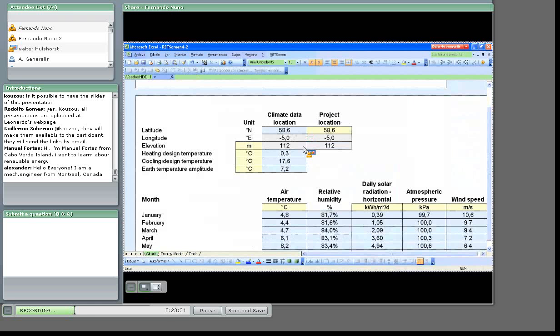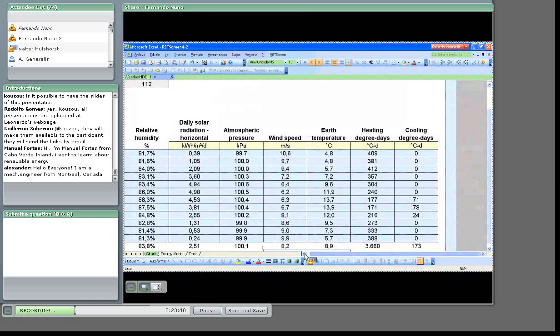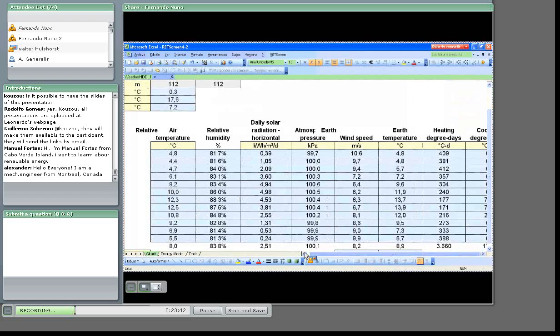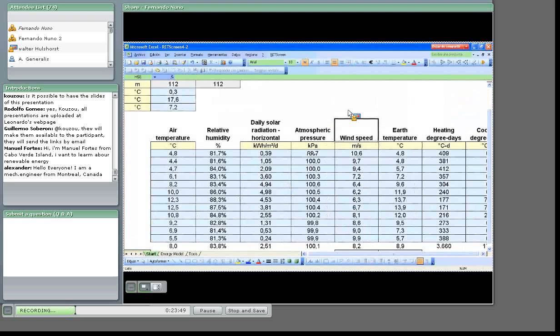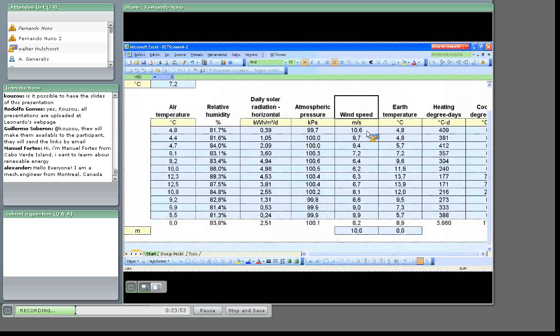So latitude, longitude, elevation, and then these features, let me focus. We have the daily solar irradiation, but here we have the wind speed, with very good wind speeds.